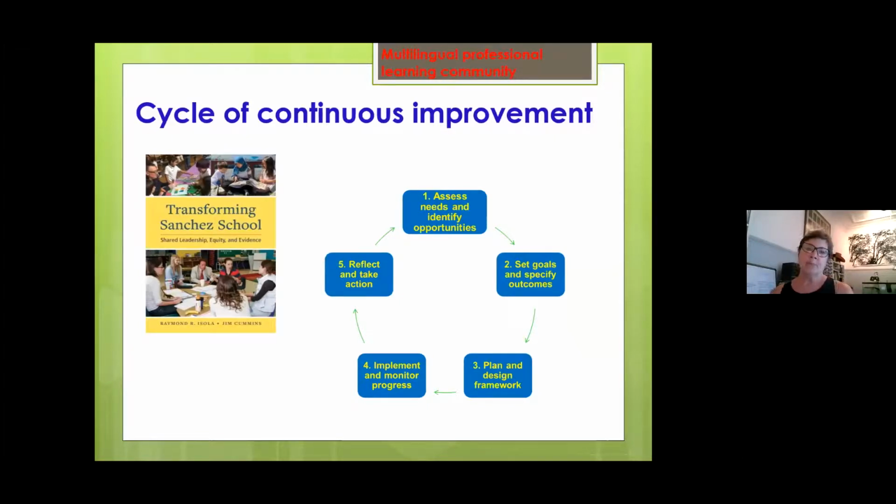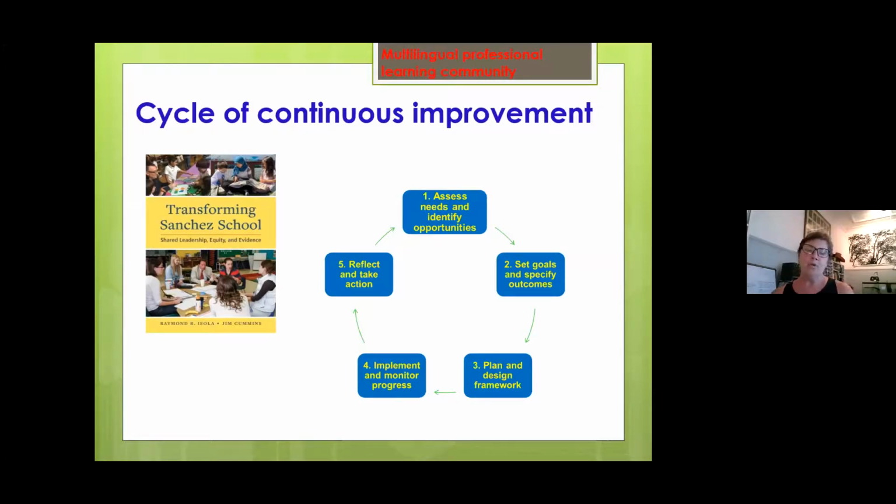First, we want our MPLC's members to assess their needs and identify their opportunities. And together you could do this best rather than some scripted professional learning opportunity from outside. We want you to be able to set goals and specify outcomes for your professional learning as well as for your students. We want you to plan and design a flexible framework, and each one of our books comes with a flexible framework that you can adapt to use in your context.